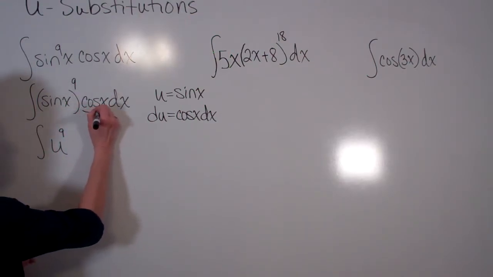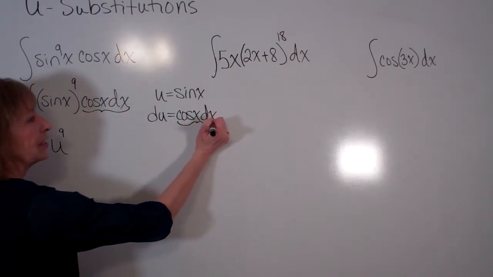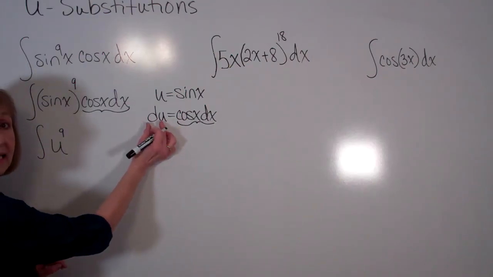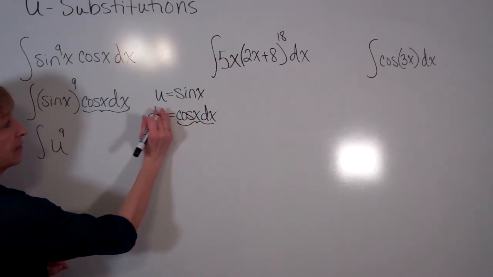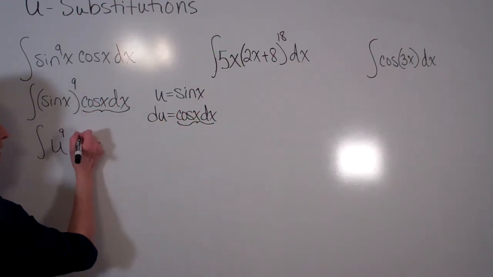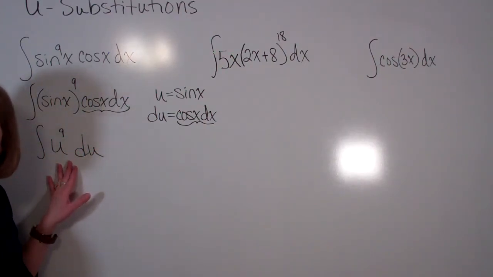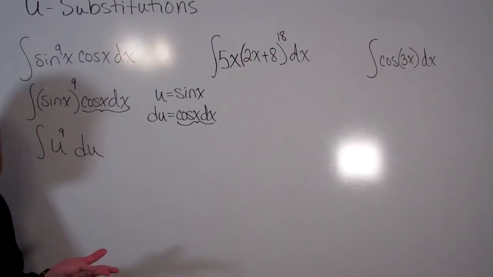And this cosine x times dx, that entire expression needs to be replaced by the differential du. So all of this cosine x dx goes out and we replace it with its equal, du.